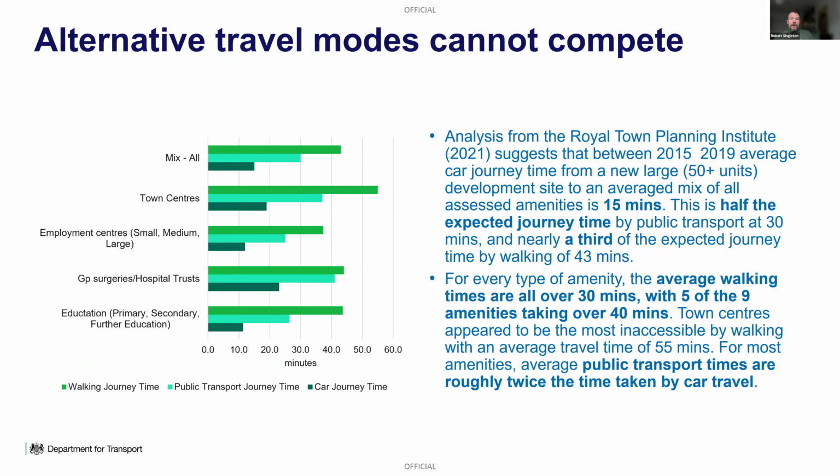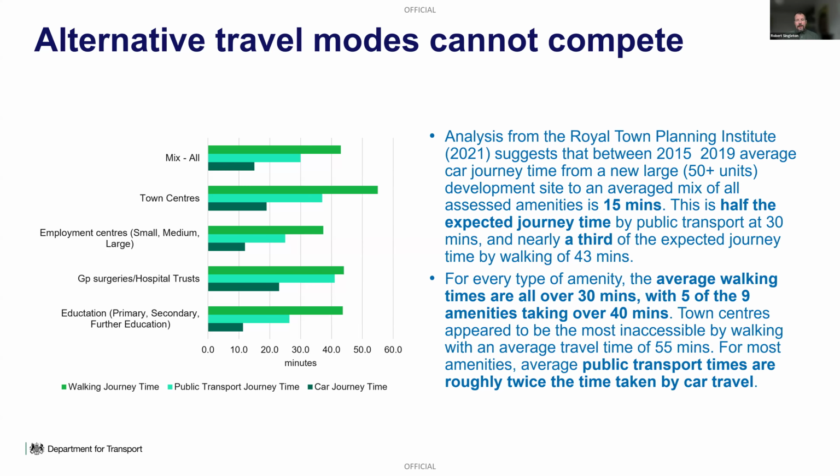It also means when we're building in car dependency and we're building in more remote and less sustainable locations, that alternative travel modes actually can't compete. Not only because you're not often reaching the critical mass that you need to make, say, a new bus route viable, but also people move through convenience as much as anything else.